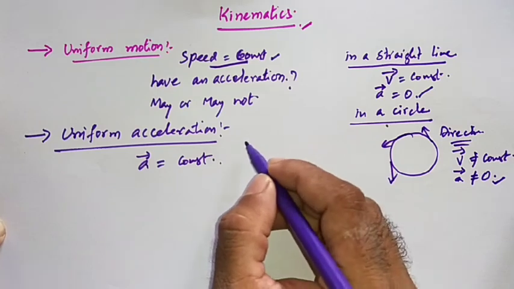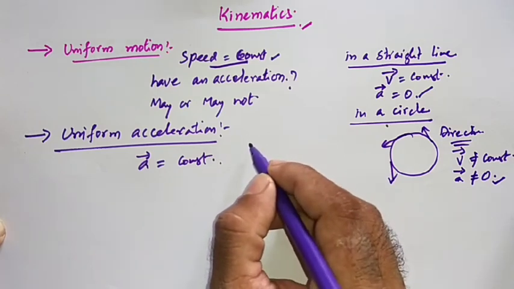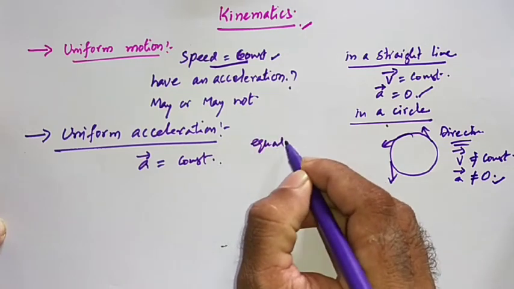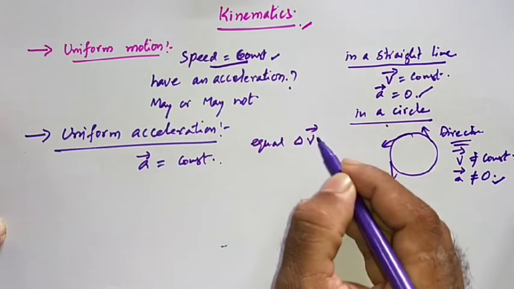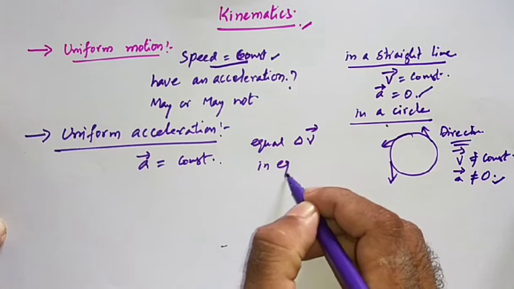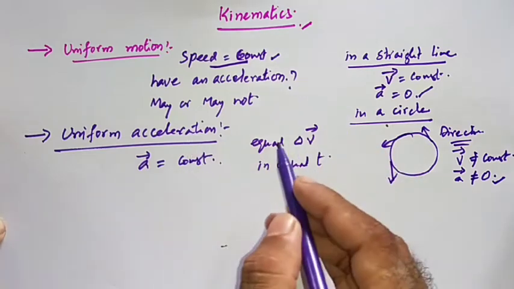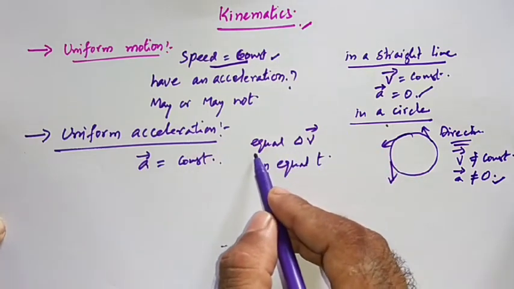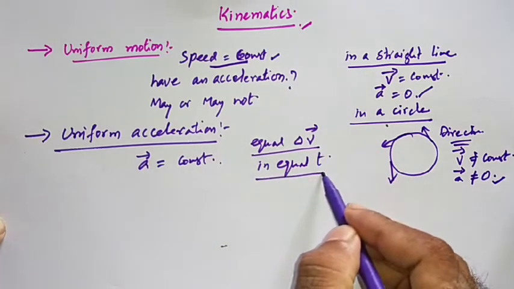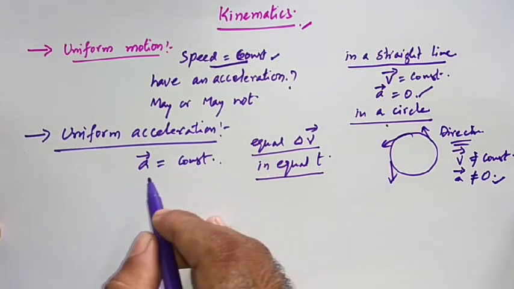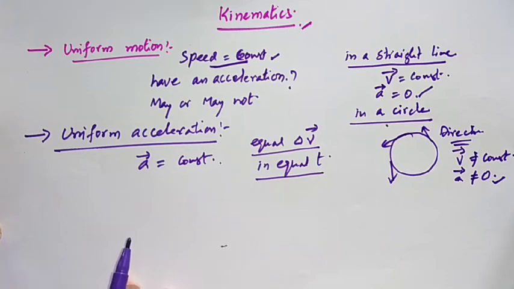It is possible if the body travels with equal change in velocity in equal time intervals. Uniform acceleration means equal change in velocity in equal intervals of time, then the acceleration of the body is said to be uniform acceleration.